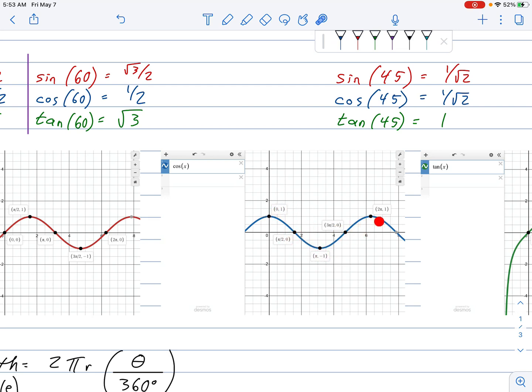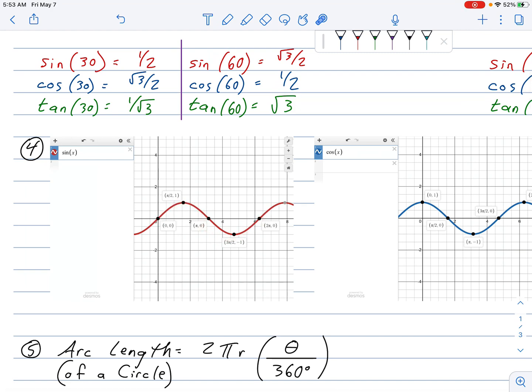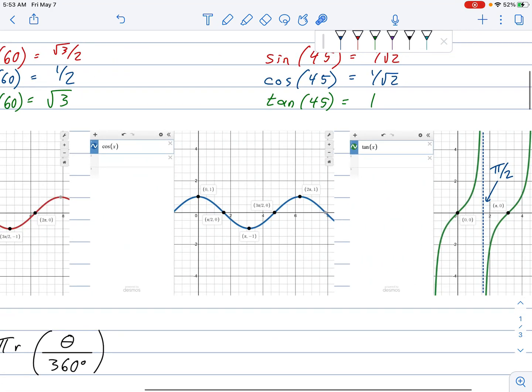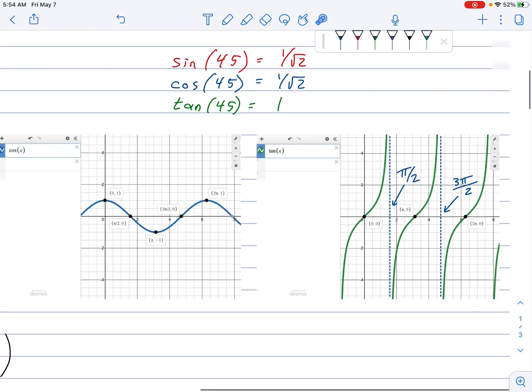So cosine is this, sine is that. Up, down, up. This one is down, up. Okay, but the numbers are the same. Here's a pi over 2, here's a pi, here's a 3 pi over 2, here's a 2 pi. And eventually we'll know it's 90, 180, 270, 360.